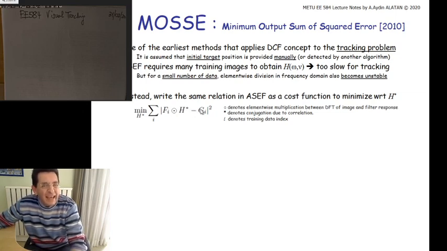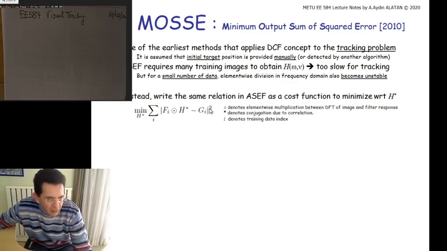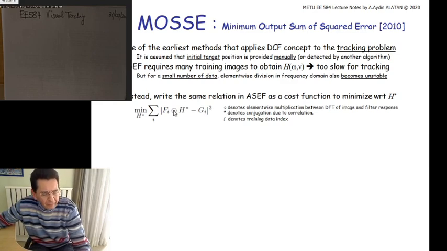We don't say they are exactly equal, but what we say is this multiplication at a particular frequency, subtracted from the same frequency of the Gaussian, squared, by the way it's magnitude squared, because that could be complex. Okay, that square sum for all the data, for every training data that you are using, maybe a few of them, should be minimized with respect to H.